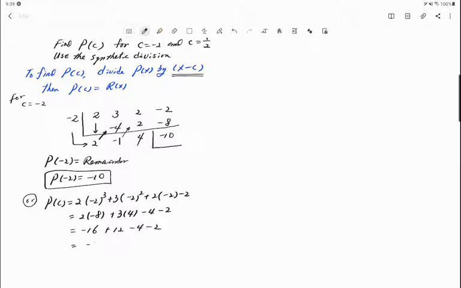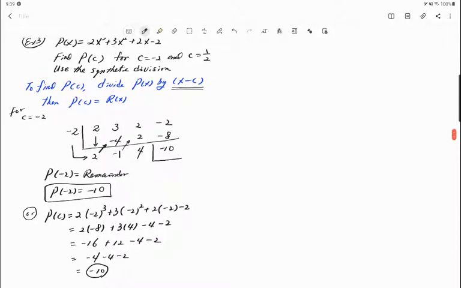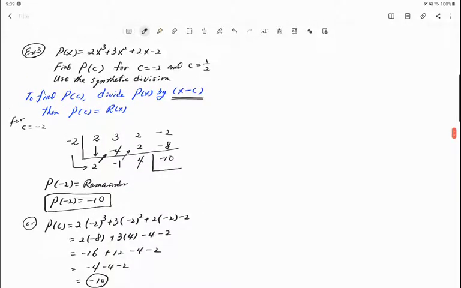So that is negative 4 minus 4 minus 2. So negative 10, right? So we have the same answer anyway. But sometimes plugging in the x value may take time. So synthetic division is much easier to find the value when x equals something.